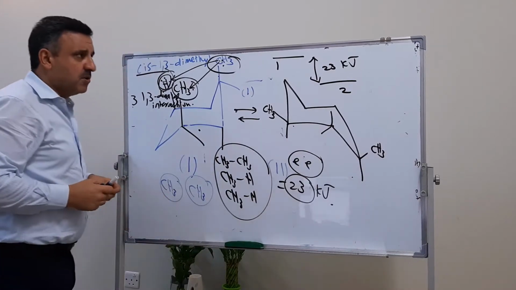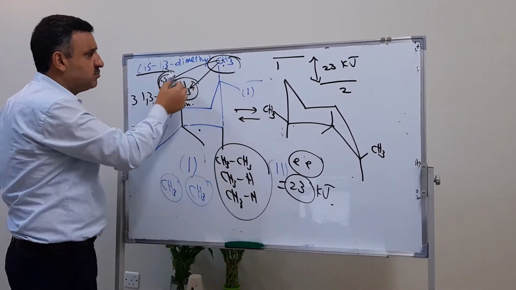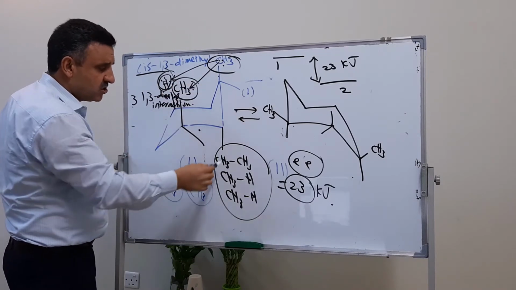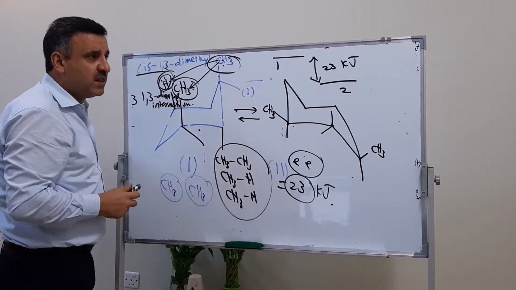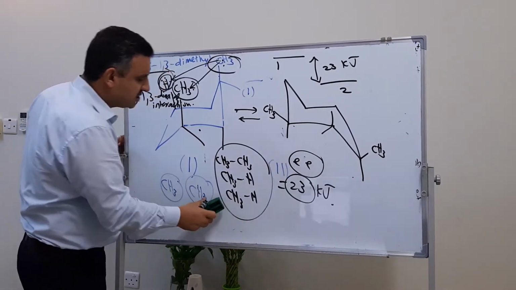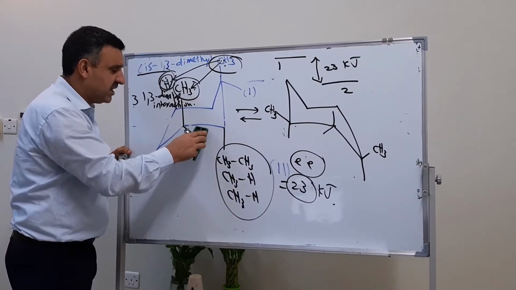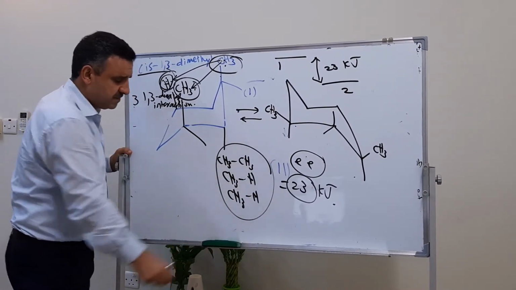Of course, most likely this difference in energy is all about these 1,3 diaxial interactions. So the total, we have 3 1,3 diaxial interactions, right? Now the question is, approximately how much does every 1,3 diaxial interaction cost in energy if the total is 23?